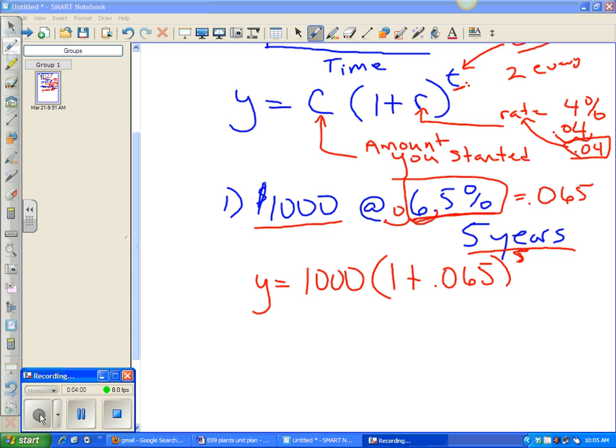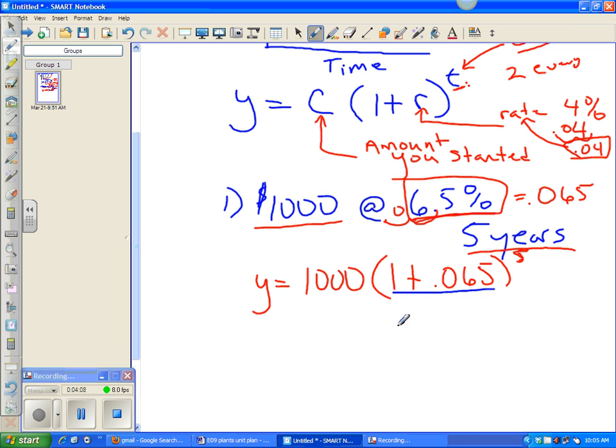So here it is. Let's do this in segments. Let's first do the parentheses because we got to use PEMDAS, right? So let's put these two together, and that gives me parentheses 1.065 raised to the 5th times 1,000, right? We added those together, combined these two.